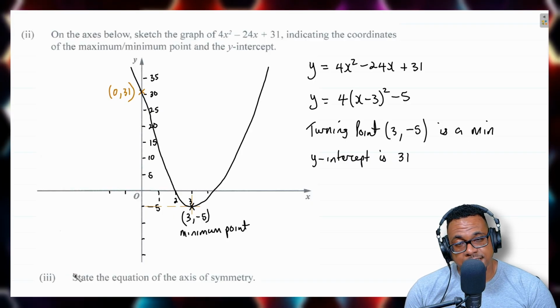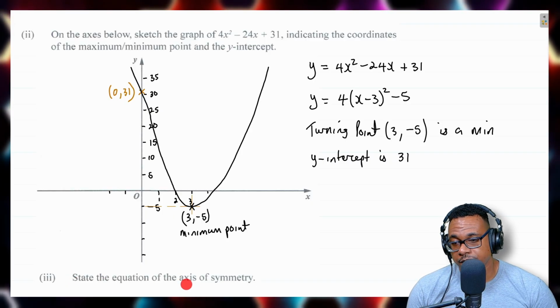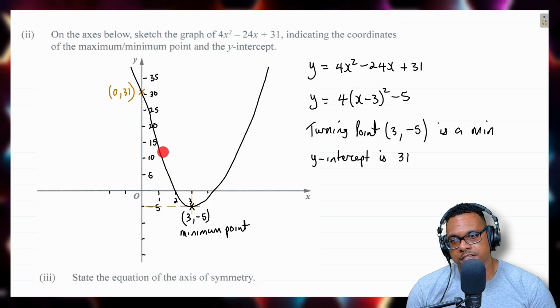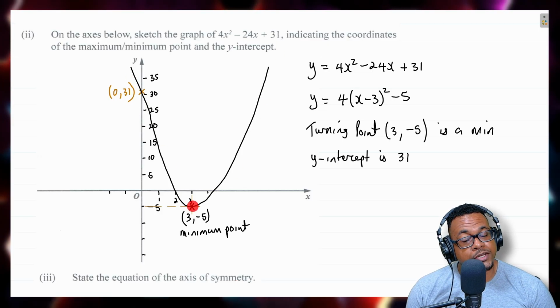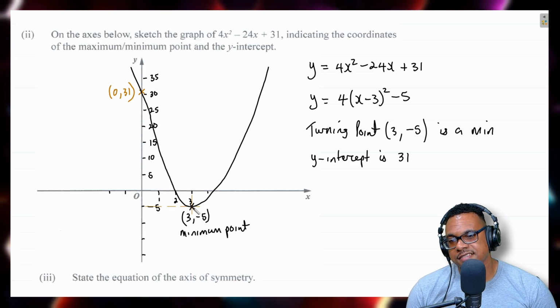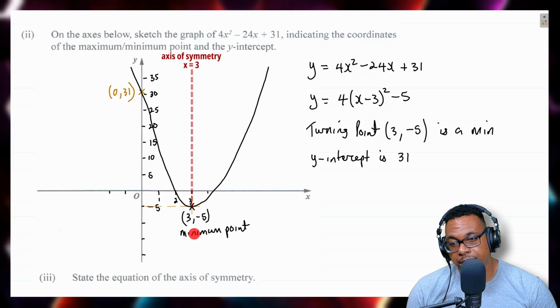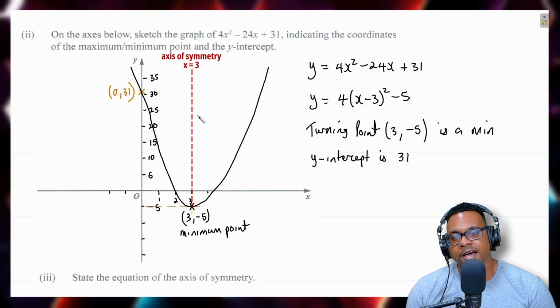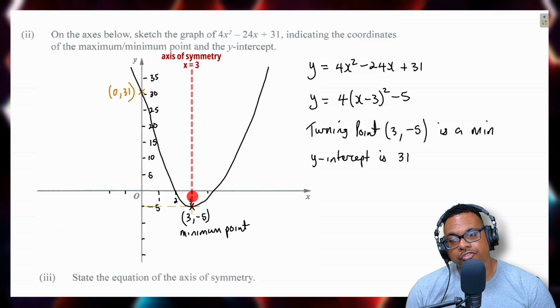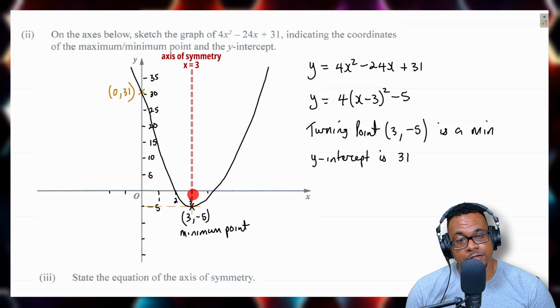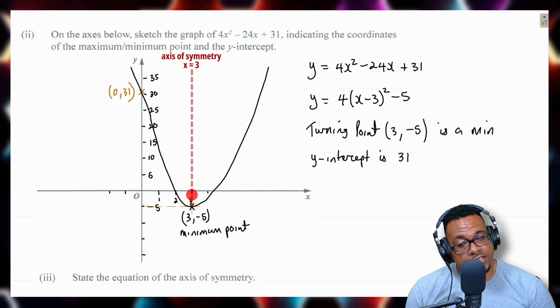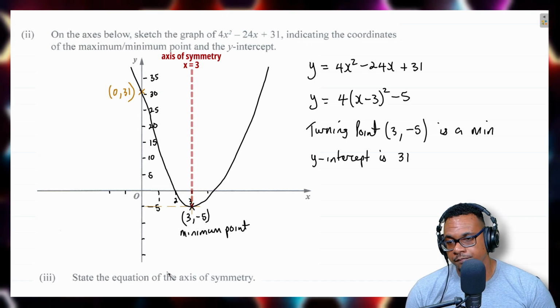All right, so now the last part of the question, which is part 3, is to state the equation of the axis of symmetry. Now, this graph is supposed to be symmetric about this turning point. Therefore, the axis of symmetry will be this vertical line passing through the turning point. And that vertical line will pass through 3 on the x-axis. So the equation of the axis of symmetry would just be x is equal to 3.